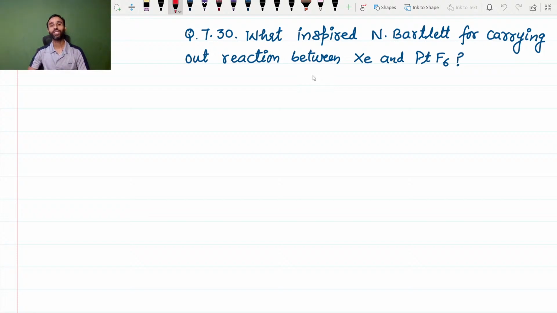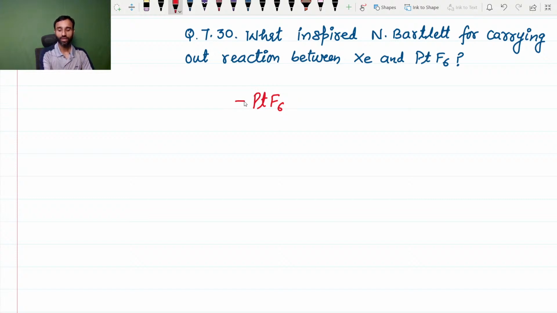So what inspired Neil Bartlett for carrying out the reaction between xenon and PtF6? PtF6 is a very powerful oxidizing agent, and when this PtF6 was kept in open by N. Bartlett, he saw the formation of a compound.